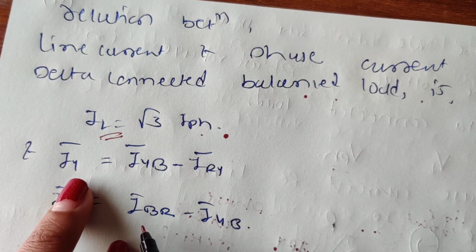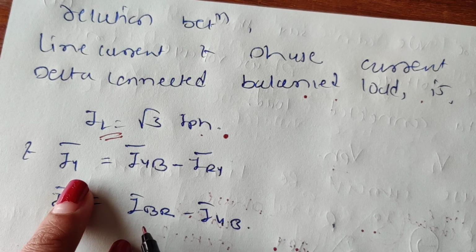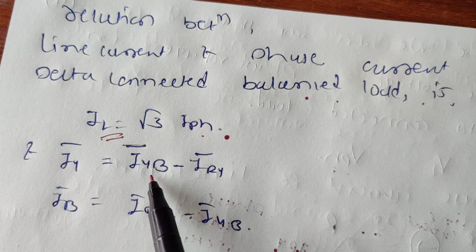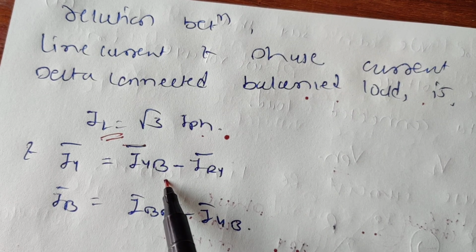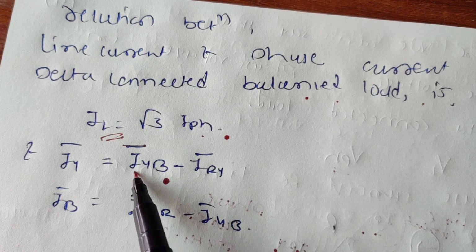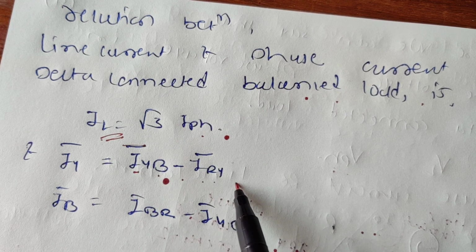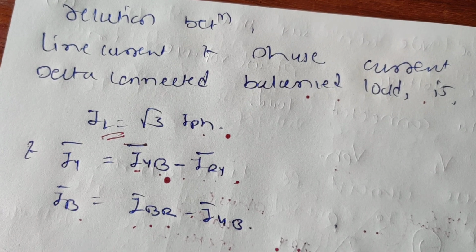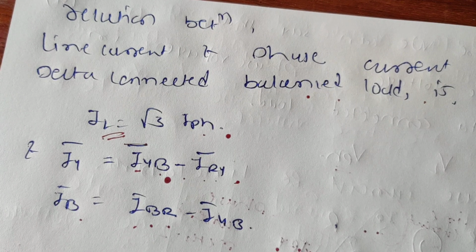And the value of IY, if I want to find out, I can write it as IYB minus IRY, by vector addition considering the direction of the current. IB is equal to IBR minus IYB. So this is how you can write down the value of current in a delta connected load.